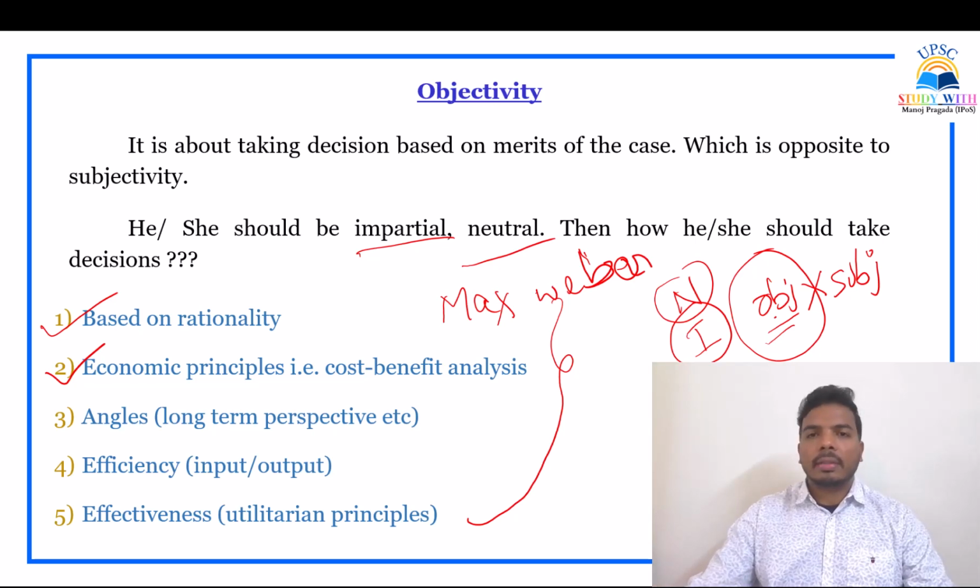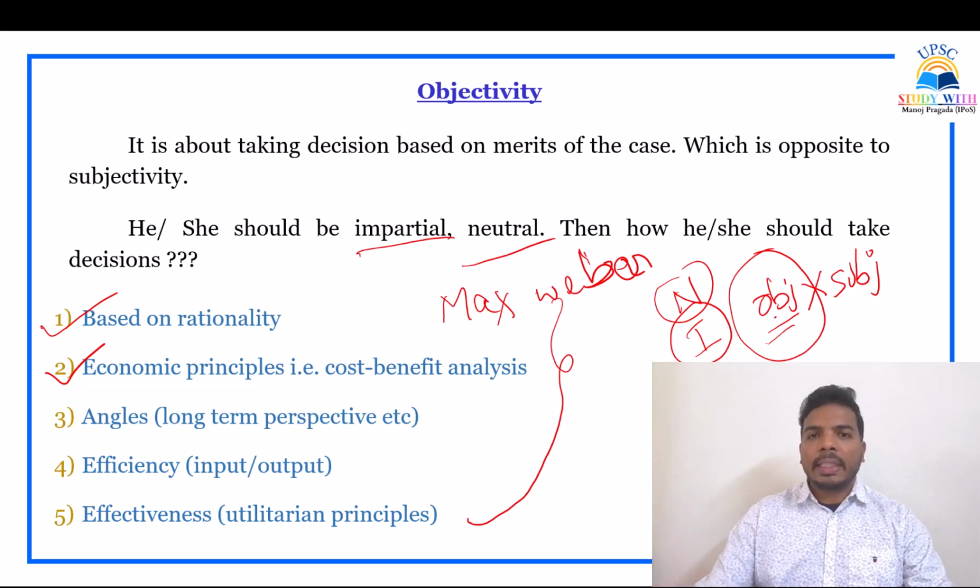So benefits are outweighing, or cost might be, in particular cases, high. So we can reduce the cost by undertaking these measures. So accordingly you should advise the politician or the political executive.